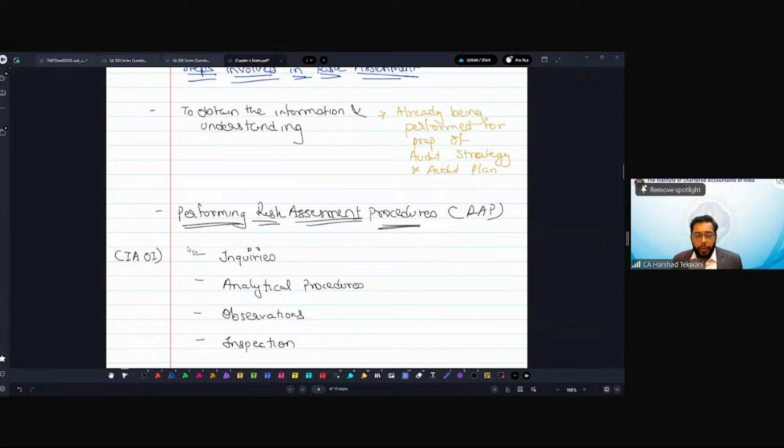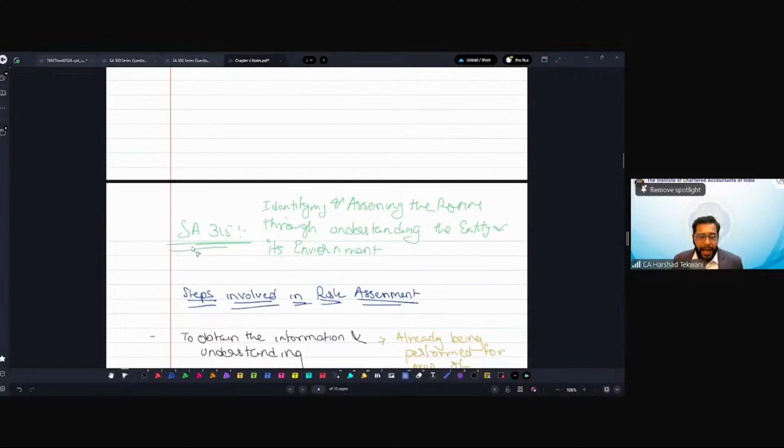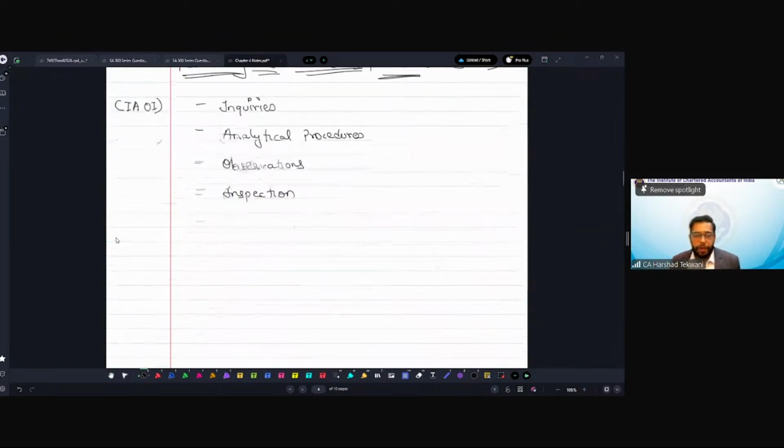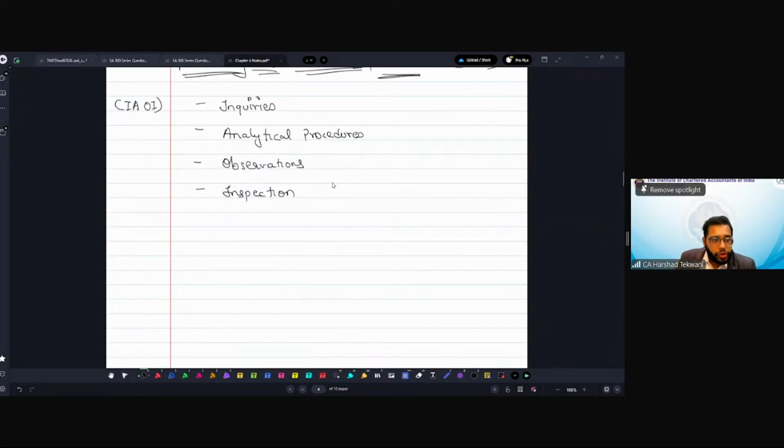Now, when I say that I need to understand the entity and its environment, I need to understand the entity including its operation.